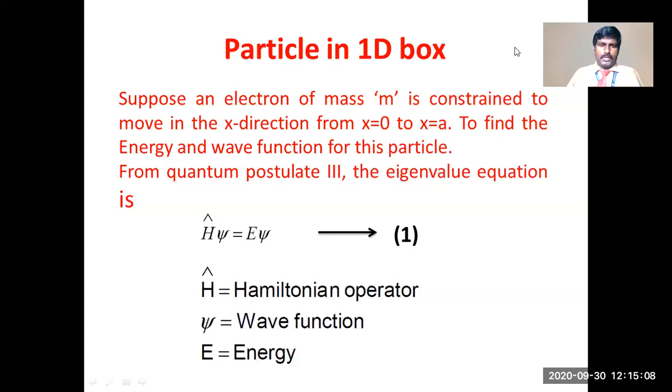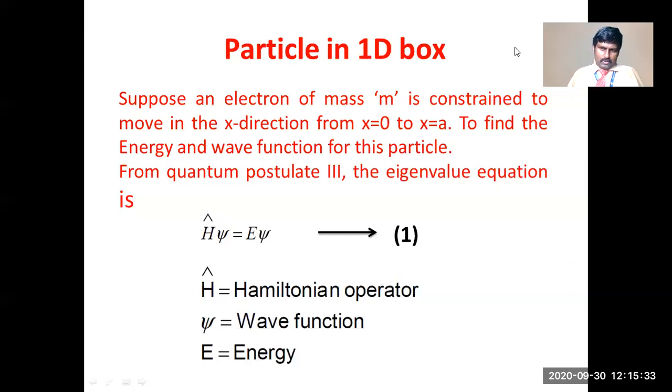Now we have to find the energy of the electron as well as the solution for the wave function by using this Hamiltonian operator. The other conditions are that the mass of the electron is m, and the electron is constrained to x equal to 0 to x equal to a.